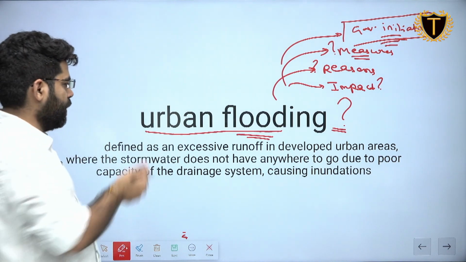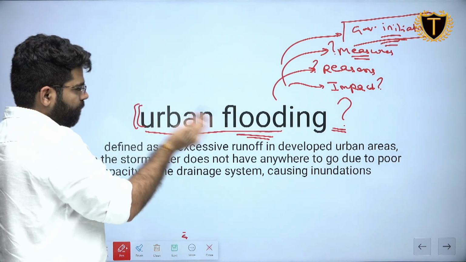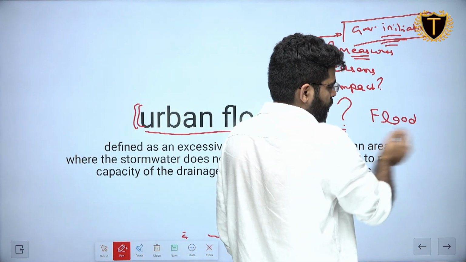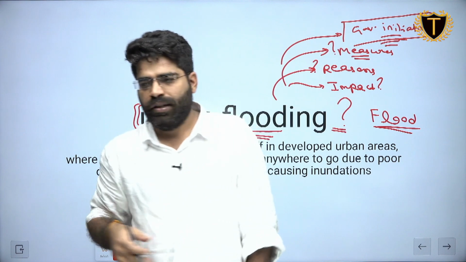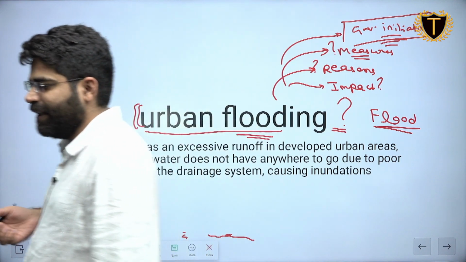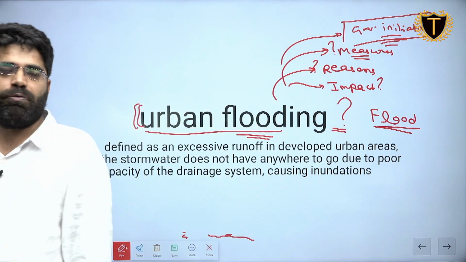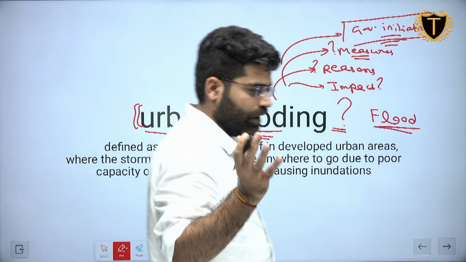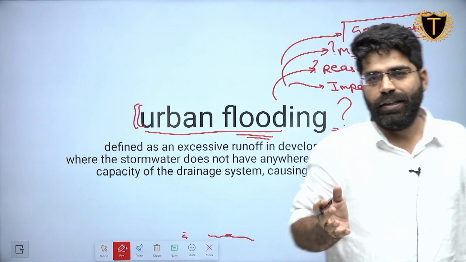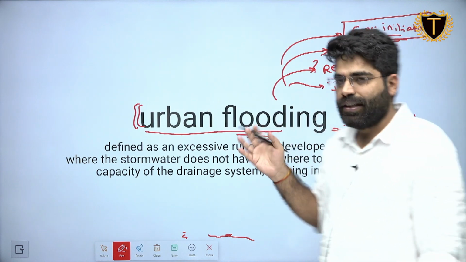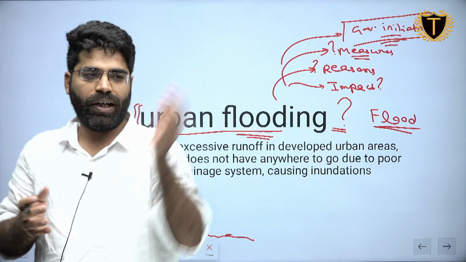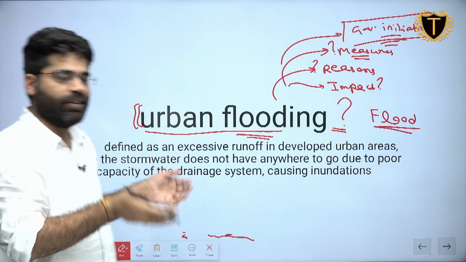What do you mean by urban flood? Everyone must be knowing the meaning of flood. What is a flood? The inundation of any area by an excess amount of water that it is not possible to handle is known as flood. So basically, urban flood is a type of flood which happens in urban areas, or I should say due to urbanization.